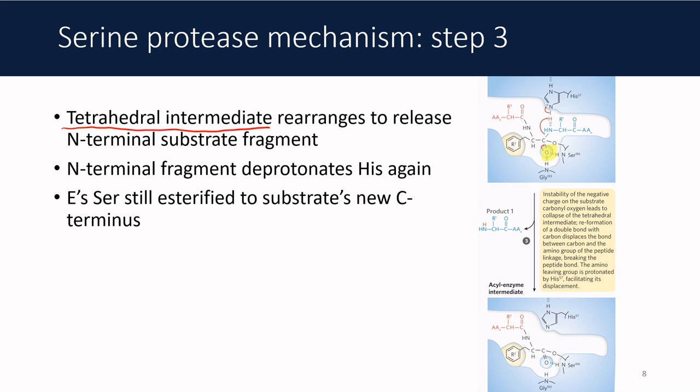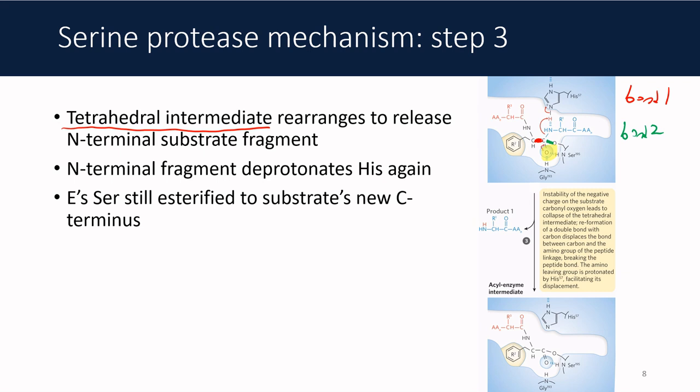We could cut bond number 1, which is between two carbons. We could cut bond number 2, which is between our substrate and the active site serine.